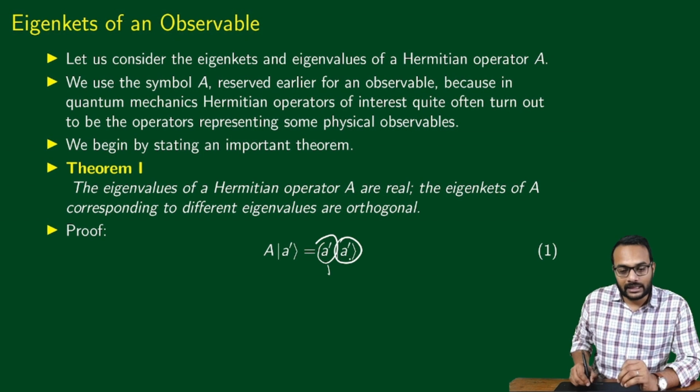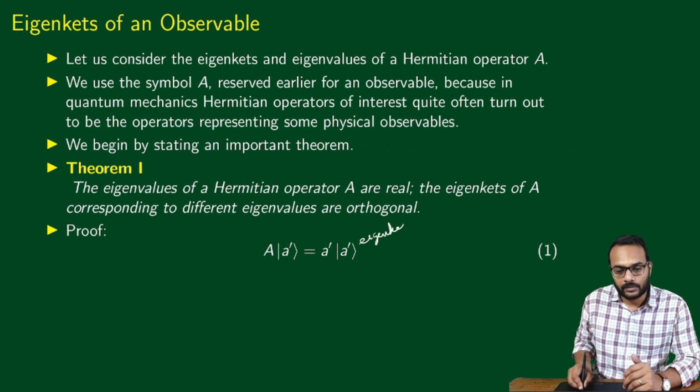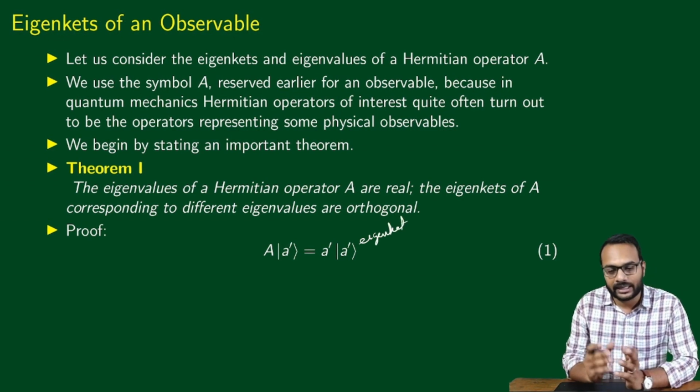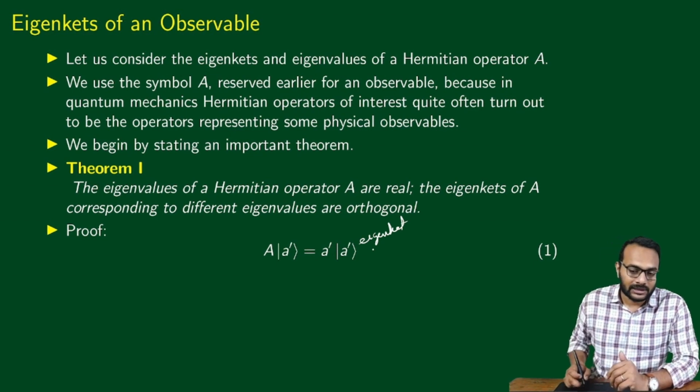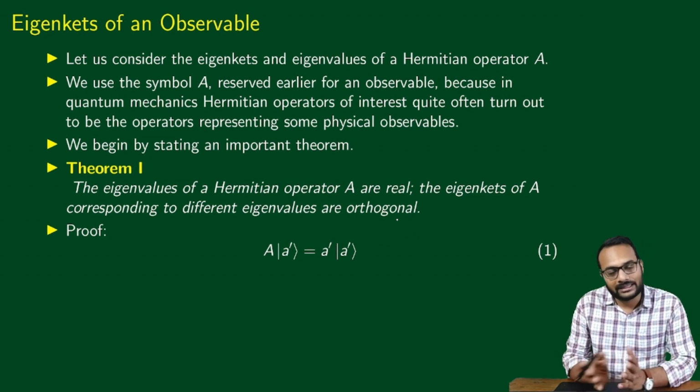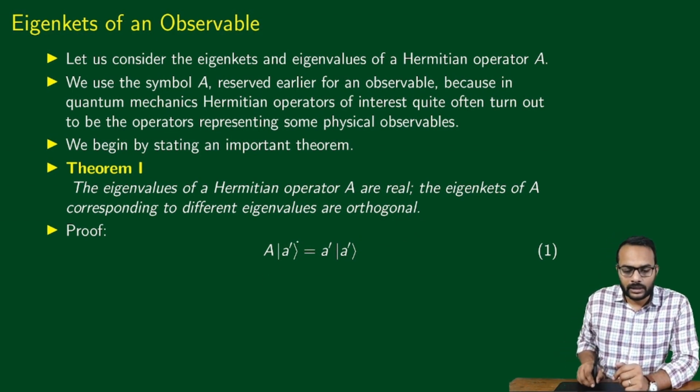Remember, this is a number and this is a vector. This is called the eigenvector or eigenket. We'll be using all these words interchangeably: eigenket, eigenvector, eigenstate. In our context they all mean the same thing.